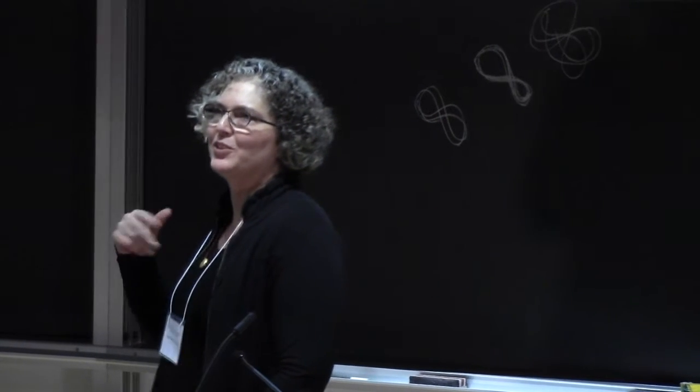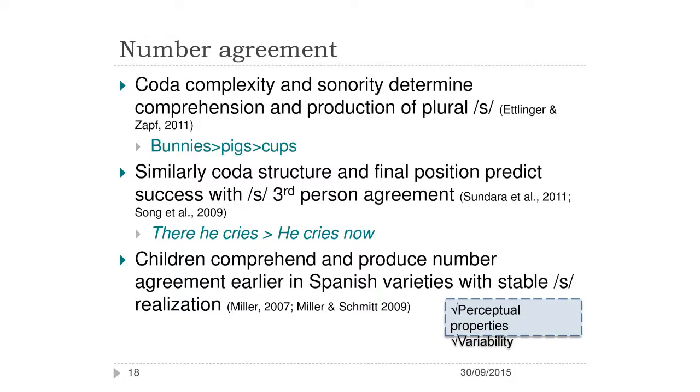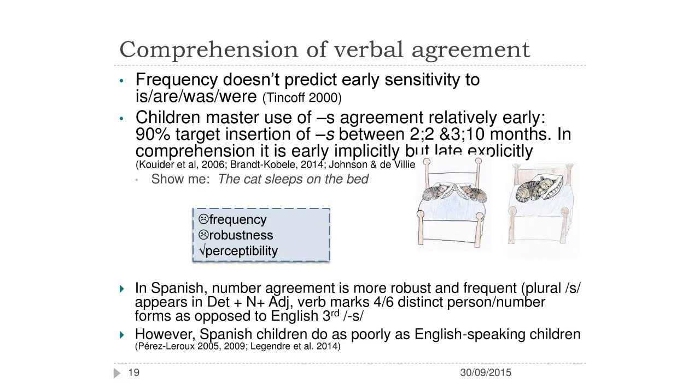If your language messes up with the sound, so you can say gatos, gato, gato, and you have all these multiple realizations, then children go much, much later, like a couple of years difference almost. So we know that perceptual properties and variability behave as predictive. But not always. Frequency doesn't predict sensitivity to is, are, was, were.